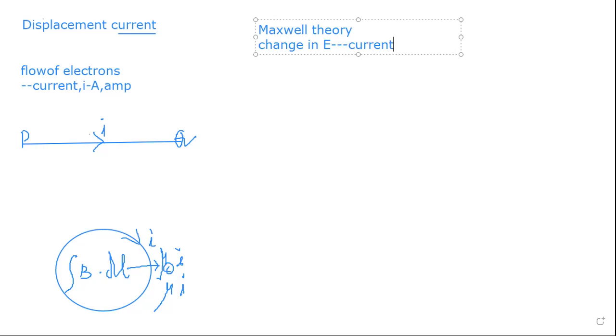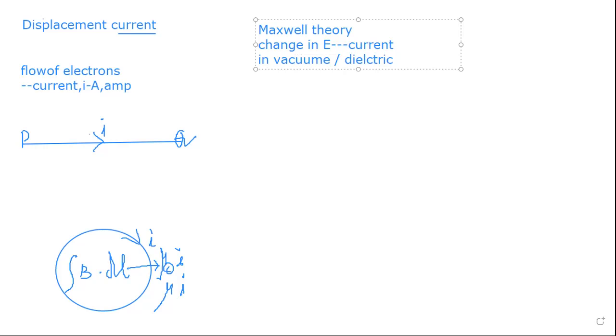This current may be in vacuum, or it may be in any other medium. So the change in electric field may be in vacuum or in any medium. That medium is known as dielectric medium.